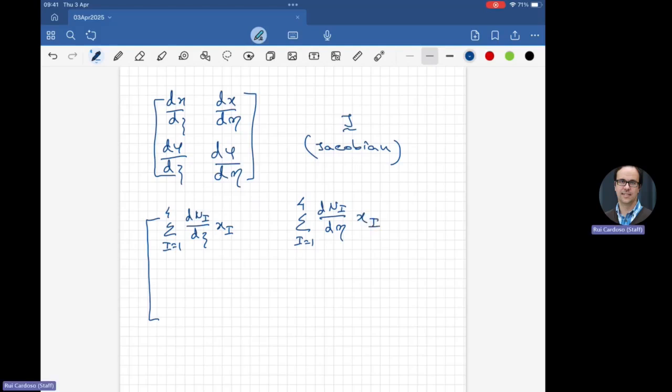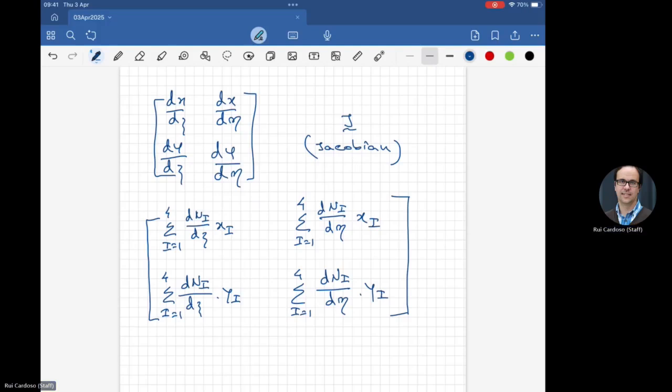In the second row, we need to add the summation i equal to 1 to 4 of the derivative of the shape function in order to c, but now we multiply by the y coordinates at each node. And the last one is the derivative of the shape functions in order to eta times the coordinate in the y direction at each node.